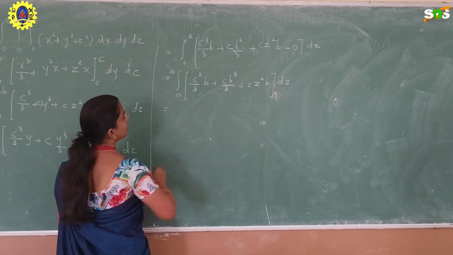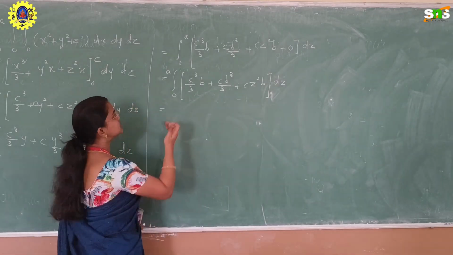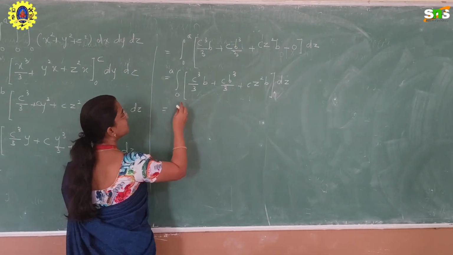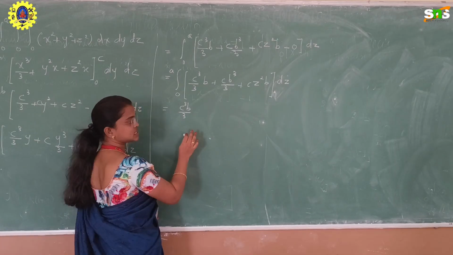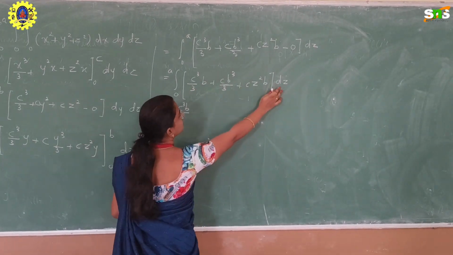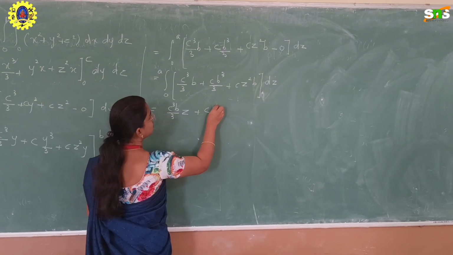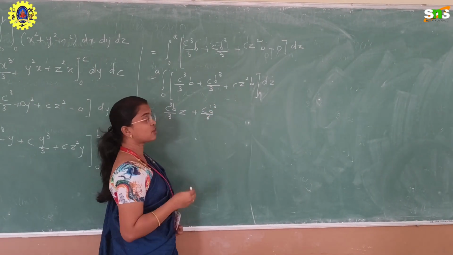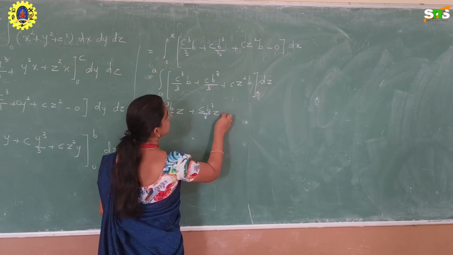Finally, you have to integrate this term with respect to z. The limit is 0 to a. Here c cube b divided by 3 is constant, so integration of constant term with respect to z is z. Plus c b cube divided by 3 is also constant here, so integration of that constant with respect to z is z.